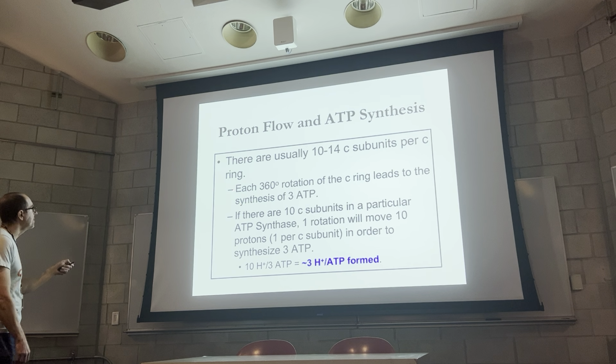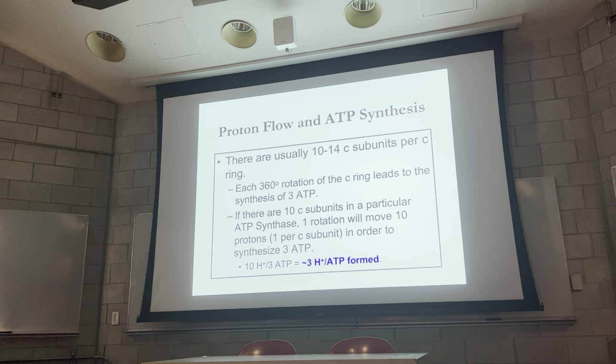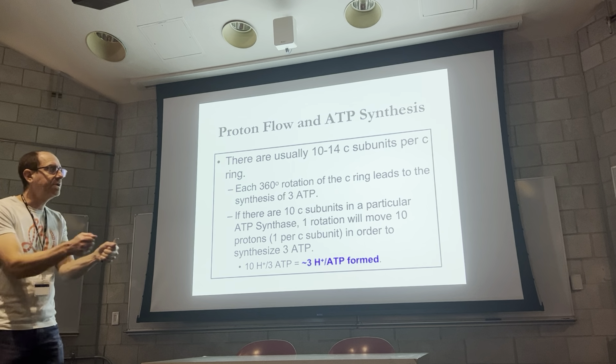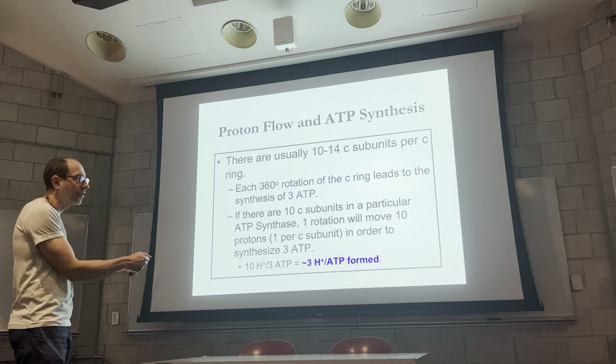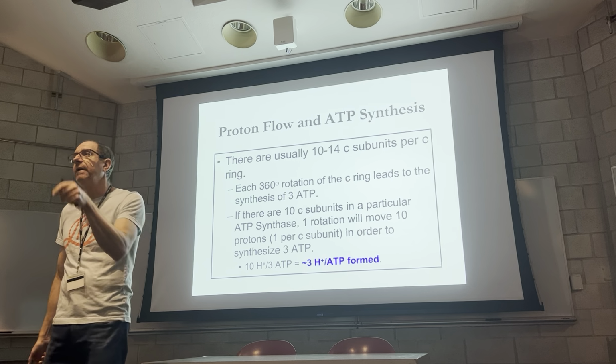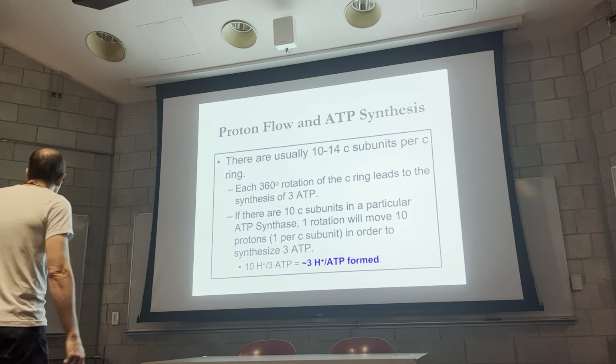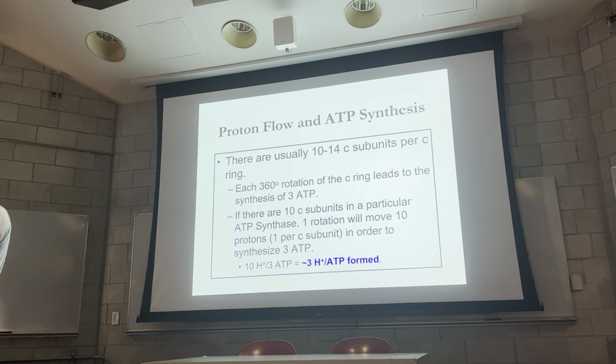And we now know that the complete rotation of the C ring and the gamma shaft will ultimately result in the production of 3 ATP. Right? Because as we go around, each 120-degree turn will result in the opening of the jaws, allowing 1 ATP to dissociate. So 3 120-degree turns, or a full circle, will open 3 active sites, generating 3 ATP.